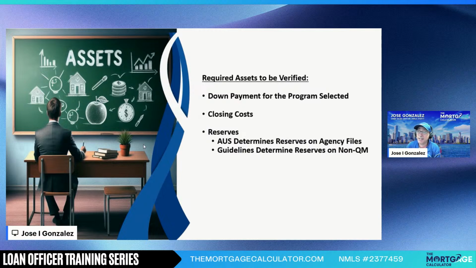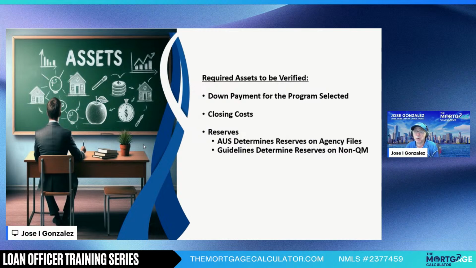You do have to look at the specific guidelines for the option selected and make sure that you read the fine print on reserve requirements. Are they asking for 3 months? Are they asking for 6 months? Are there additional reserves to be added if they have additional financed properties? Are there additional reserves to be added if they're financing more than one property at the same time?